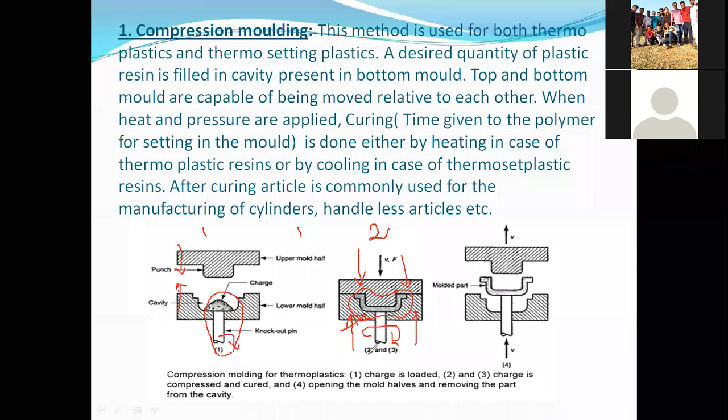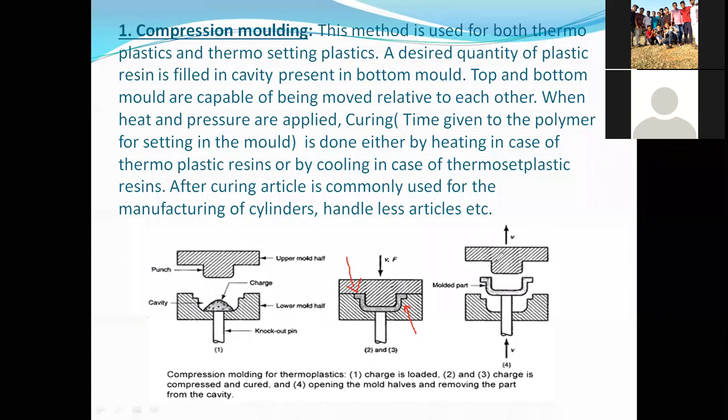To combine the upper and lower mold halves, I use the knockout pin. When I tighten the pin, the upper half is combined with the lower half. Now, the combination of the upper and lower half is known as the mechanical punch, also called mechanical pressing. It is known as the mechanical punch. Then what will happen in the end?